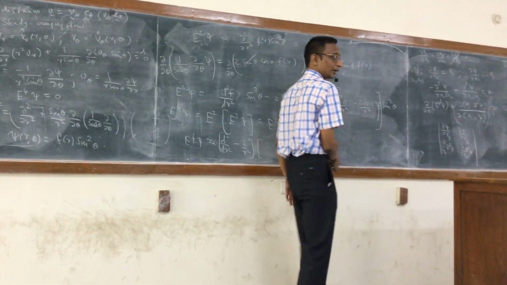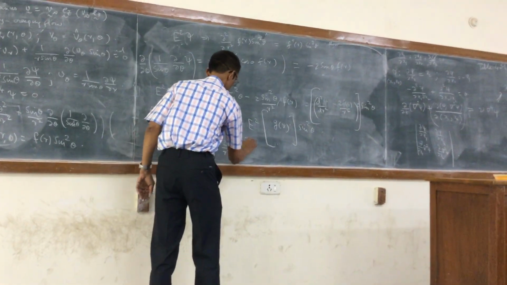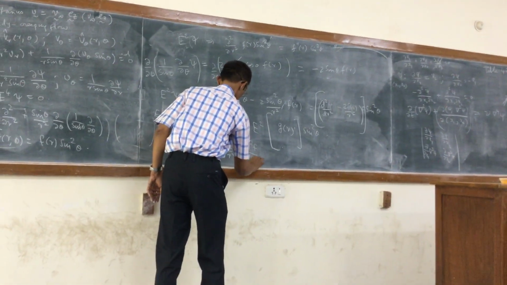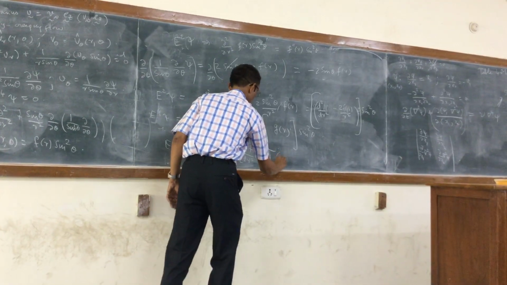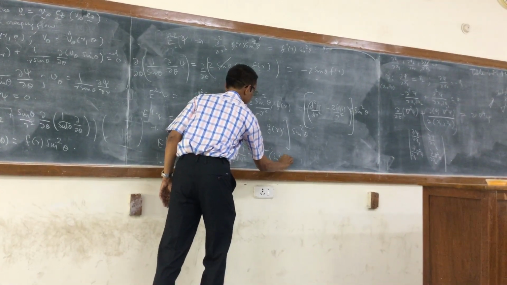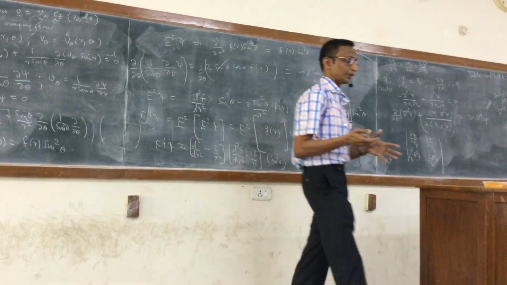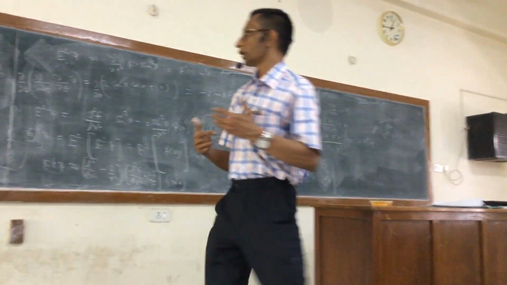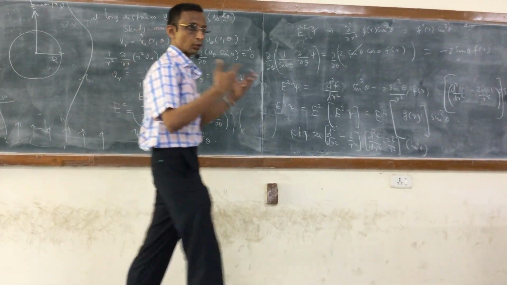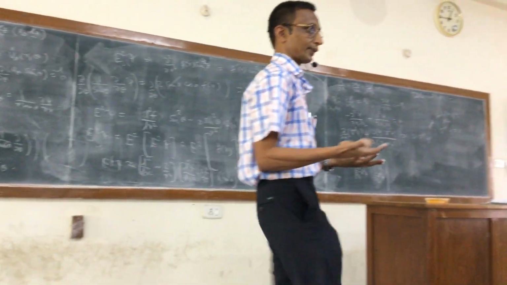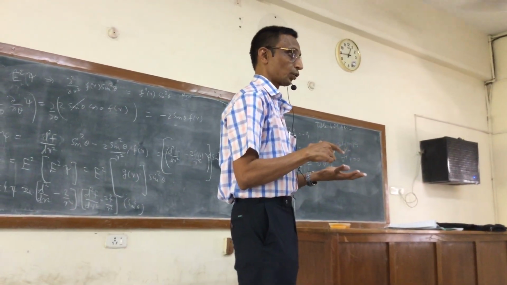It is d squared f by dr squared minus 2f by r squared. The whole thing will be multiplied simply by sine squared theta. Otherwise, if you are not convinced about this, you have to take the derivative with respect to theta and go through the whole process again. You will get the same answer. This is a shorter route to it.